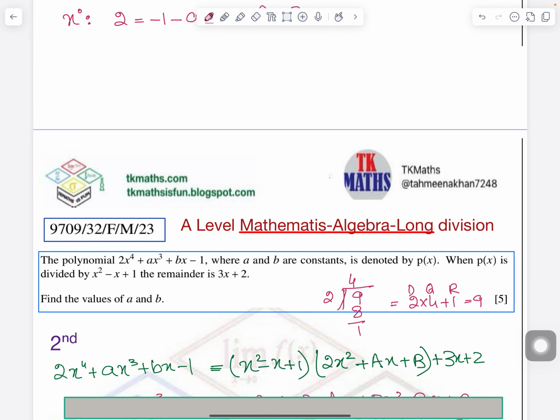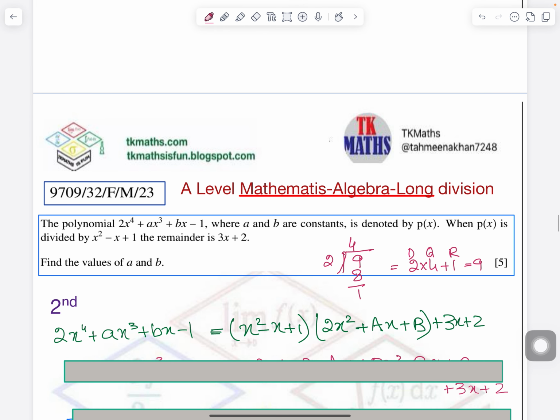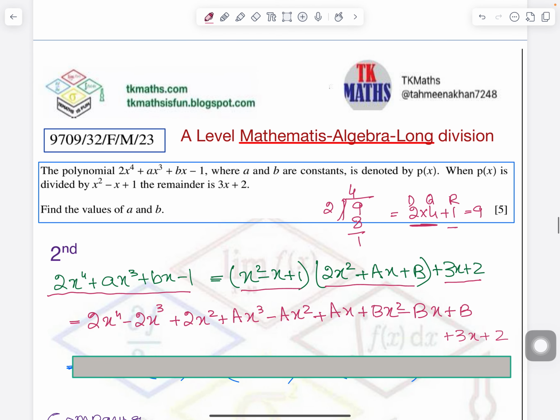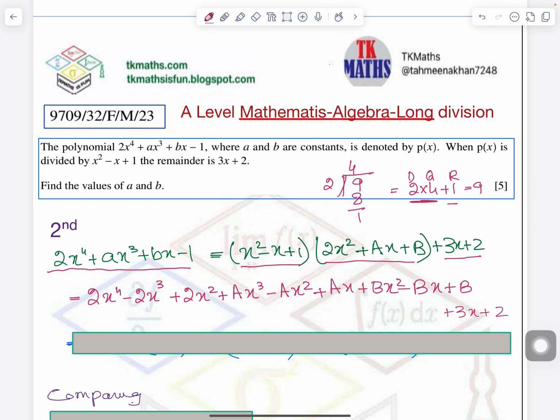So if you see here in the first line, this is the question given to you. This is your divisor and this is your quotient, just like this, plus remainder, right? After that, I will expand the right hand side and then compare the coefficients. So this whole red line is basically the right hand side of the green line.